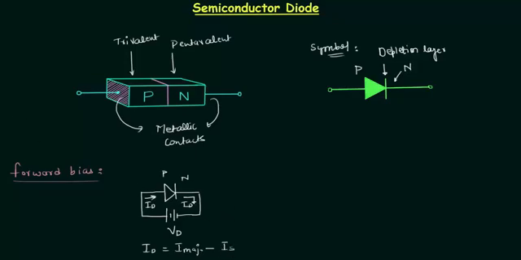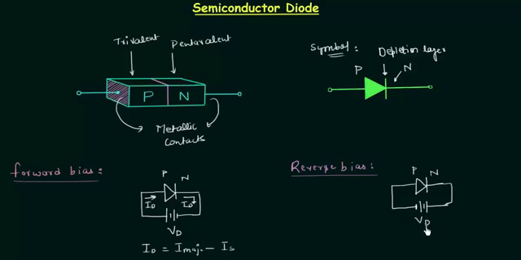Now we will do the same thing for reverse bias condition of PN junction diode. First we will make the symbol of the PN junction diode, and in reverse bias condition, the P side of the diode is connected to the negative terminal and the N side of the diode is connected to the positive terminal of the battery.